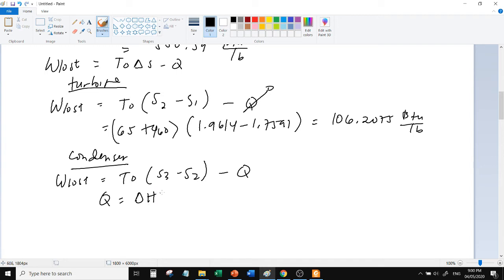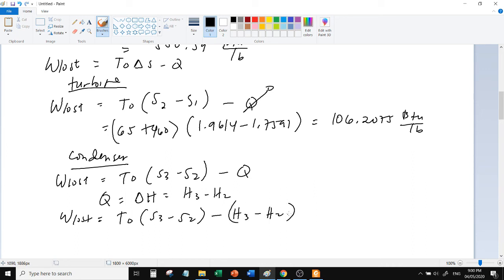Q equal to delta H. So, ang Q natin for a condenser is H3 minus H2. So, yung work loss natin ay in fact minus H3 minus H2.